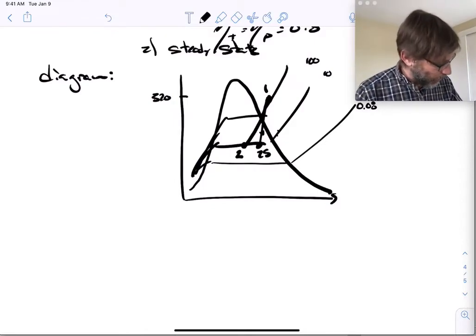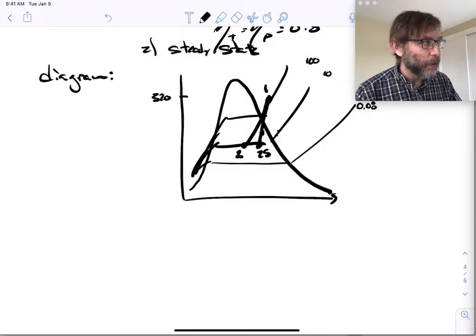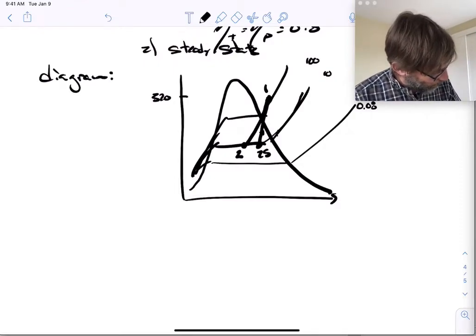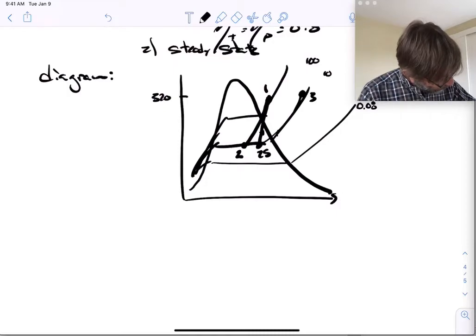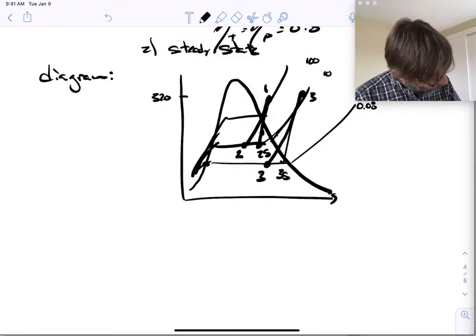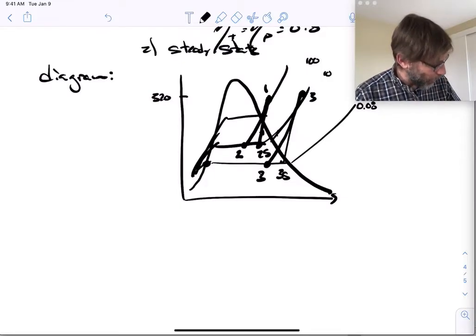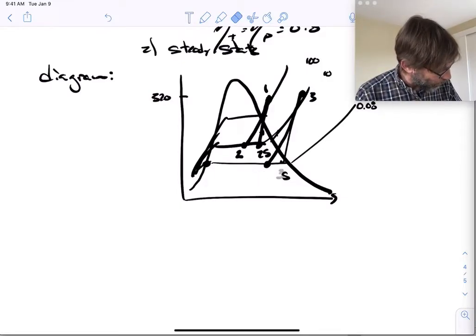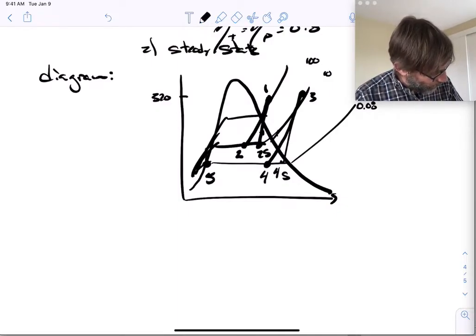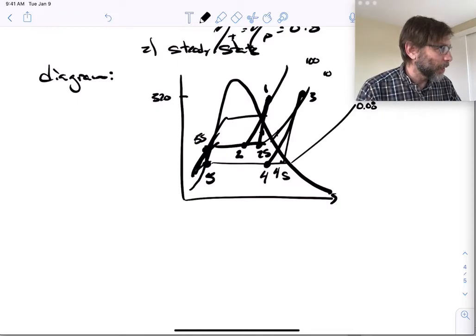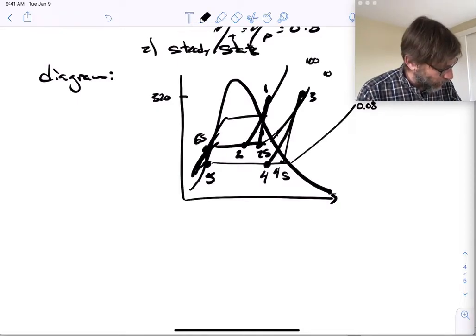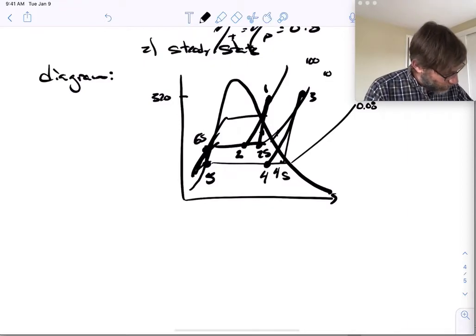Essentially, actual 2 is moved to the left, and then you go up to the same state 3, and you have 3s here and 3 actual drops you, and then you go over to 4. Then this is 5, and 5 has 5s, and then 5 actual is going to be 6. 6s is straight up, and then 6 is just a little bit to the right.